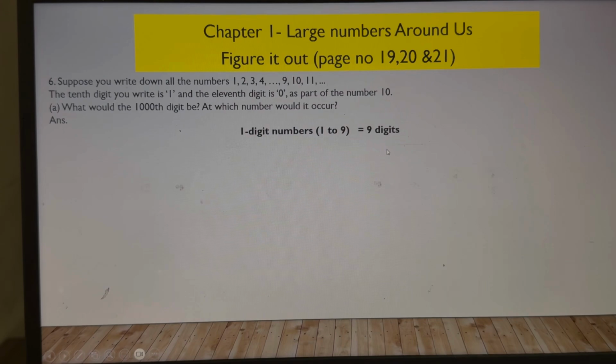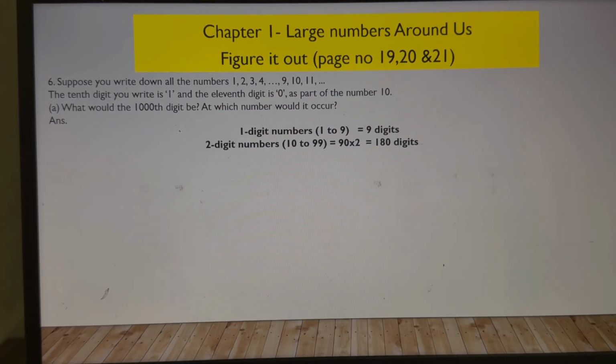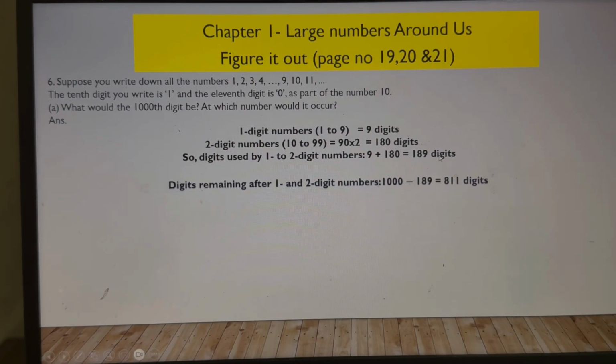Now for two-digit numbers, from 10 to 99 there are a total of 90 numbers, and each number will contribute 2 digits, so we multiply by 2. 90 multiplied by 2 gives 180 digits. So from 1-digit and 2-digit numbers, we get 9 plus 180, that is 189 digits.